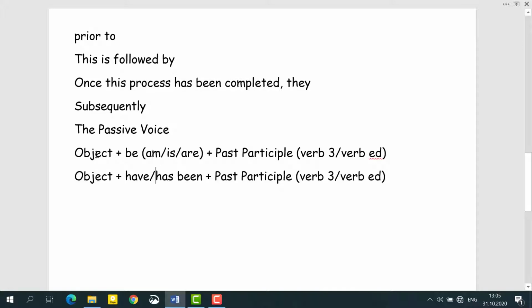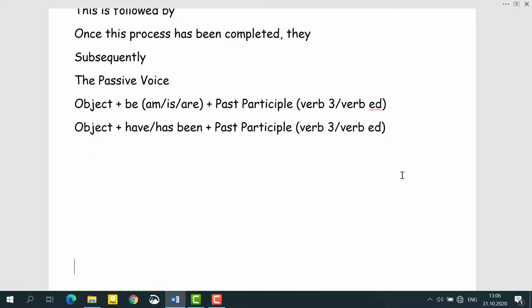The formula is object plus to be, is or are, plus past participle, which basically means verb 3 or verb-ed. So for example, do, did, done, or make, made, made. Or use the present perfect, have or has been, plus past participle. Okay, so now let's get started.